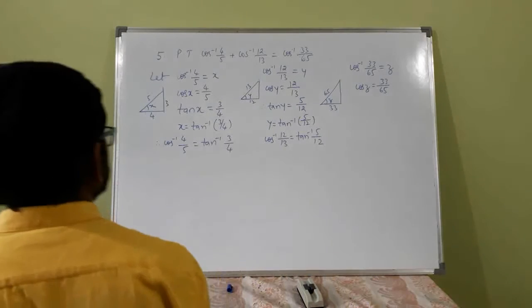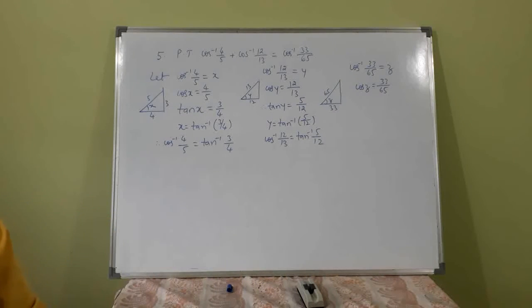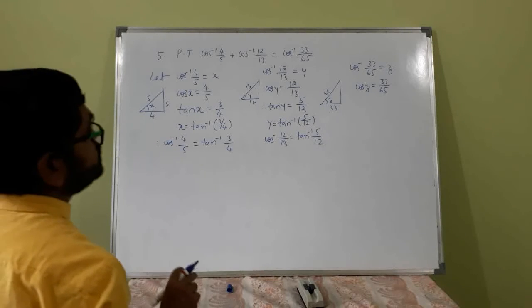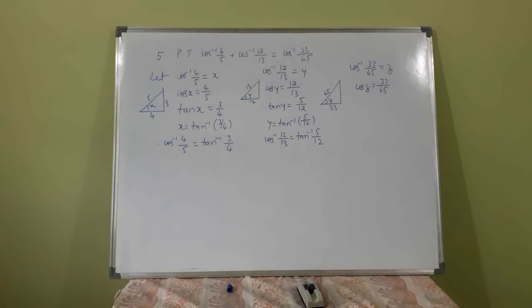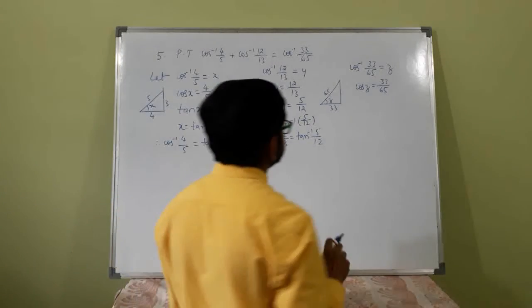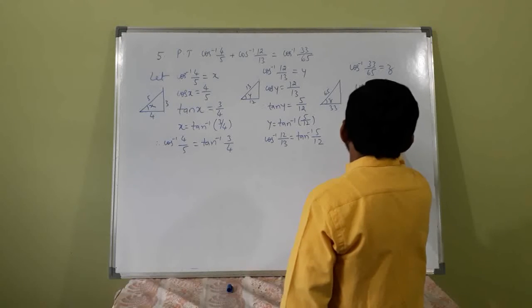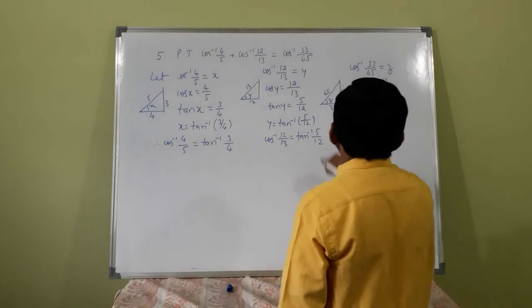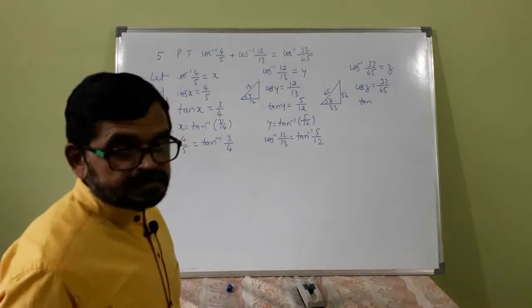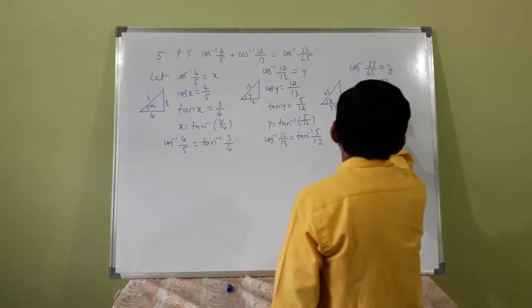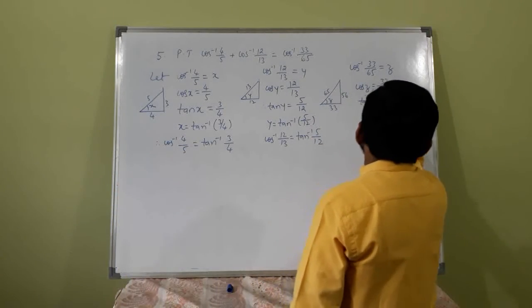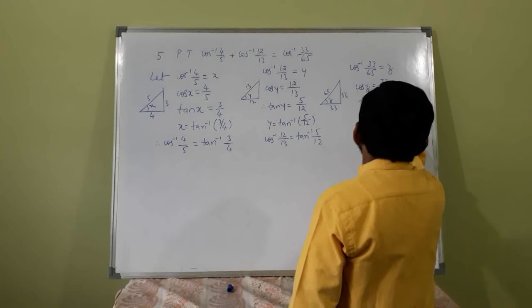If you compute, you will get tan z as 56 by 33. This is computation work.